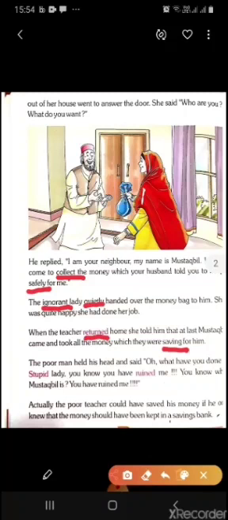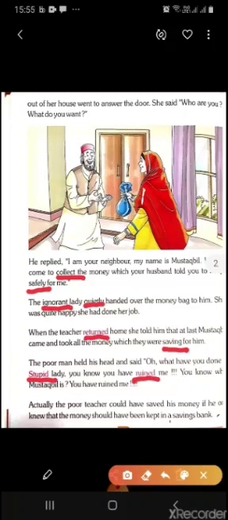So let's mark the remaining important words. Your first word is stupid. Do you know the meaning of stupid? It means foolish. Next word is ruined.